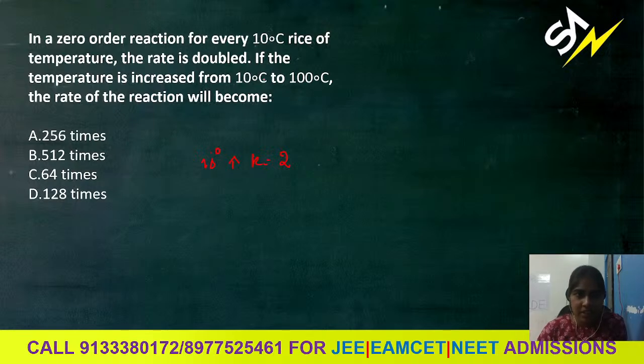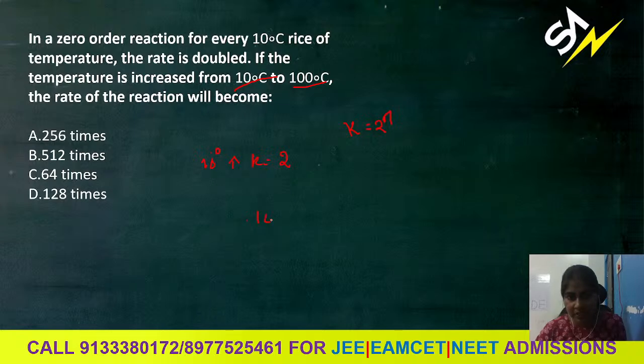If the temperature is increased from 10 degrees centigrade to 100 degrees centigrade, calculate the rate of the reaction. If a question is asked in this way, if the rate is double, it will be in the form of the formula: the rate is equal to 2 to the power of n times. So what is the temperature difference if the temperature is increased from 10 degrees centigrade to 100 degrees centigrade?